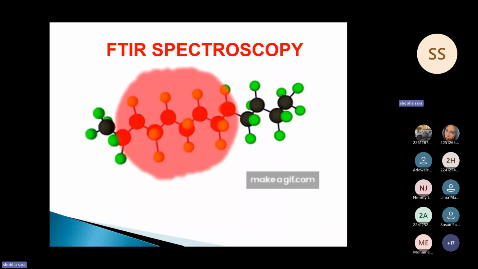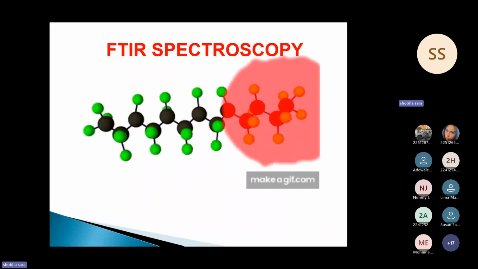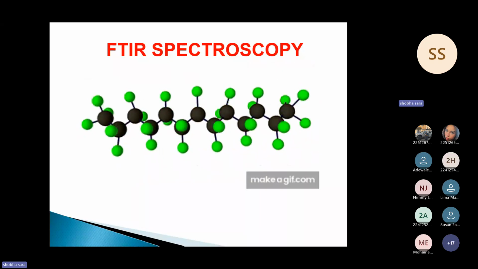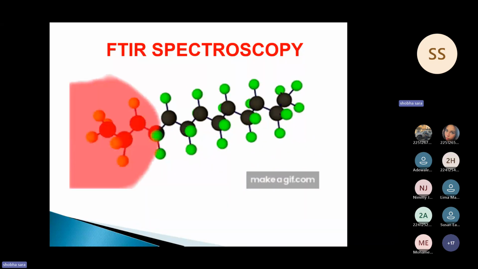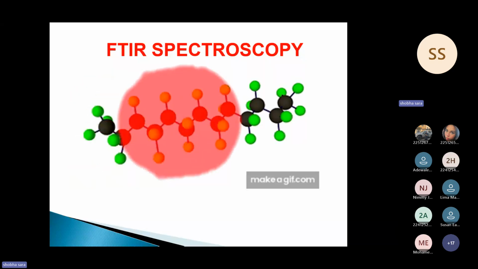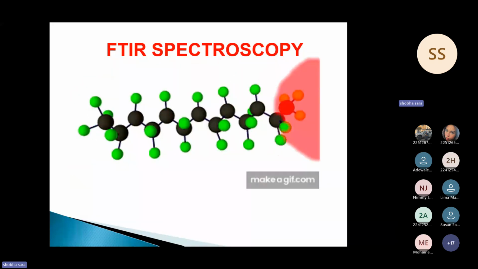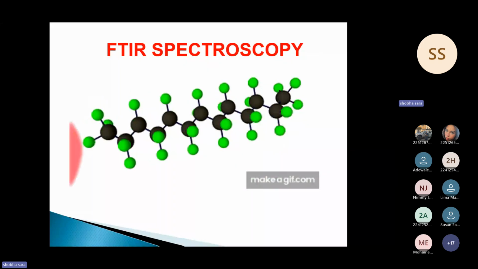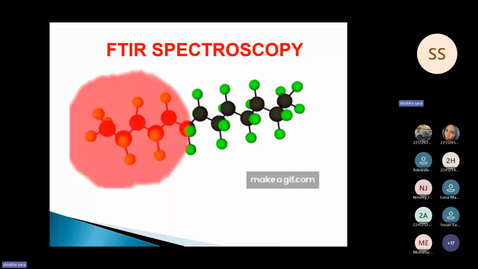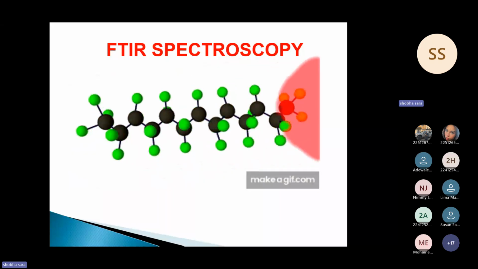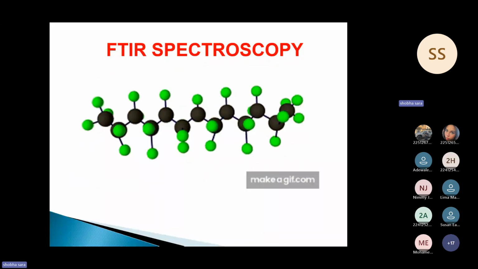The red ball, which is the infrared radiation, carries a range of frequencies. When it passes through the sample, some of them will be absorbed, and at the other end, the transmitted light will be lacking in those particular frequencies. By studying that transmitted light, we get the complete picture of this compound.